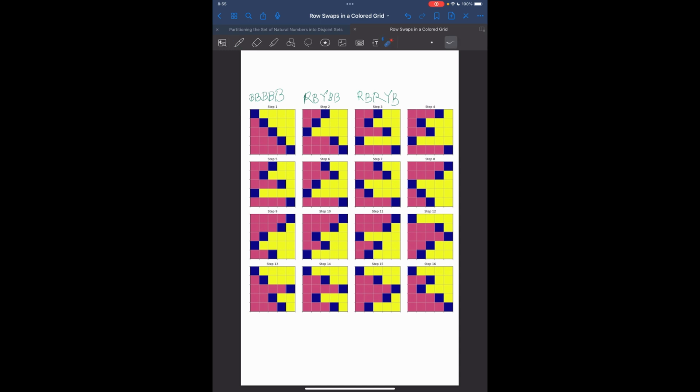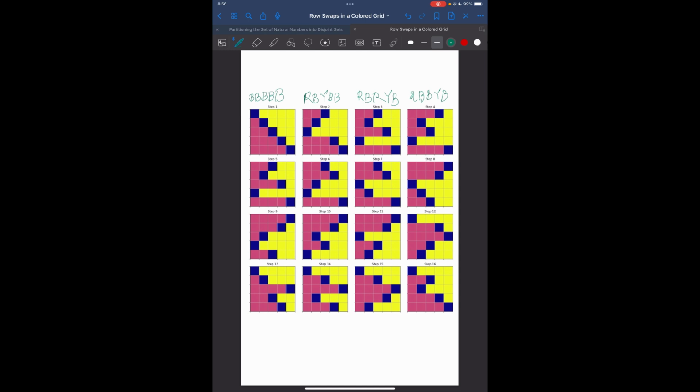For the next one, this is not changed, this is not changed. Here I have this one swapped with this one, exactly. So 1 and 3 are swapped, and the resulting configuration for the diagonal is red, blue, blue, yellow, blue.